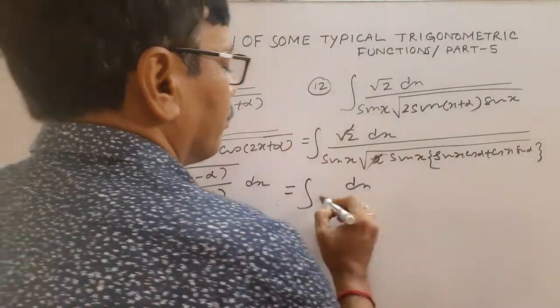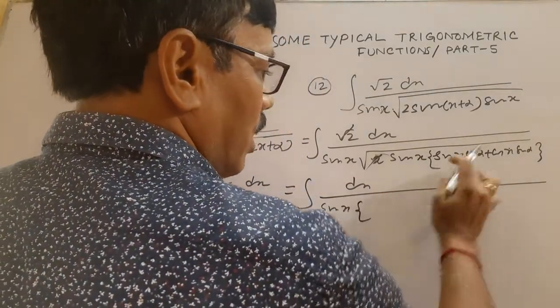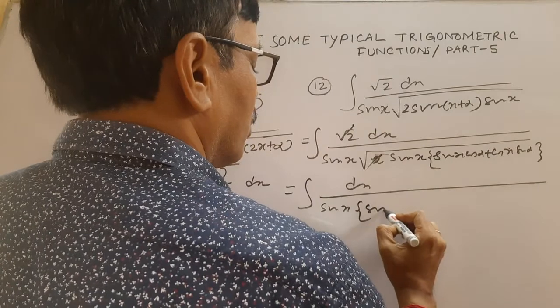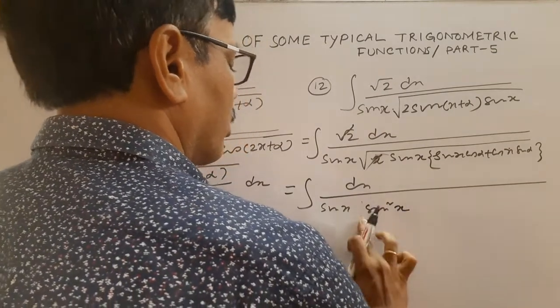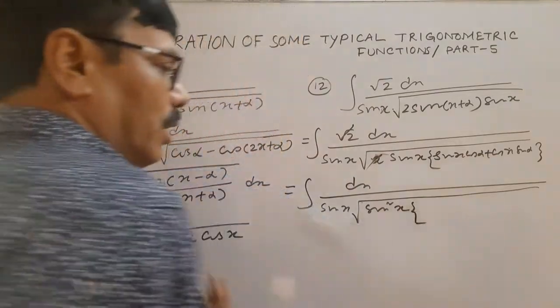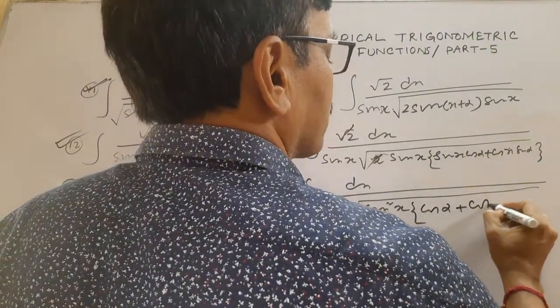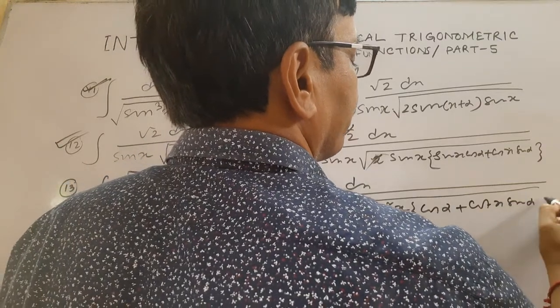Now dx by sine x. Sine x is common, so this is sine square x within the root over sine square x, so this is cos alpha plus cot x sine alpha.